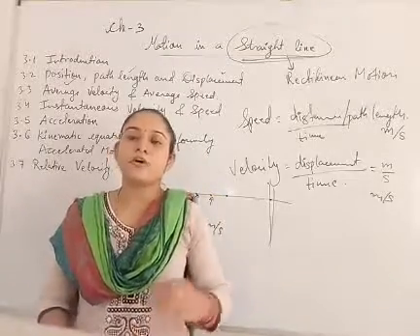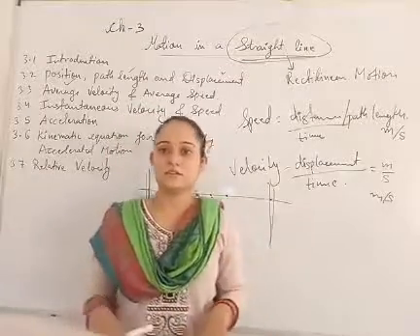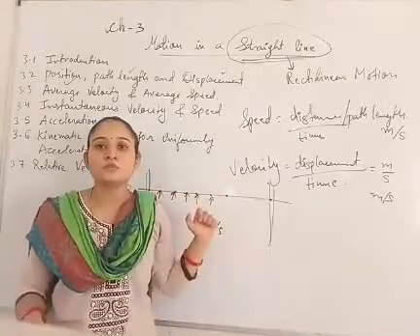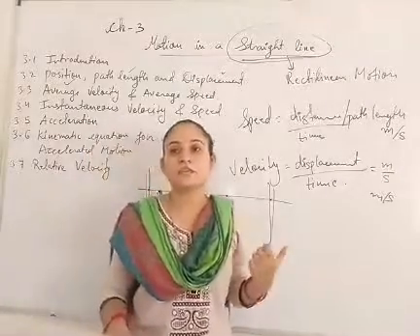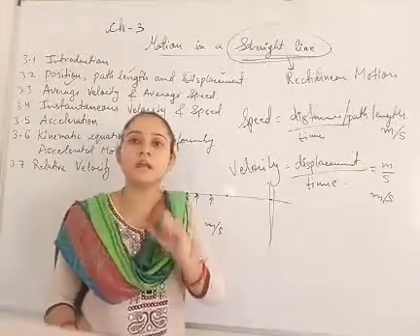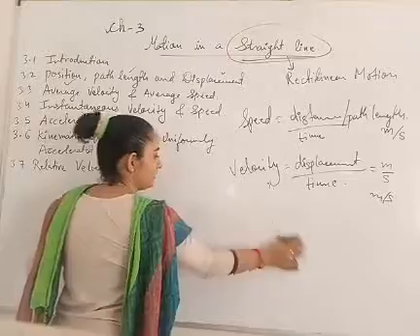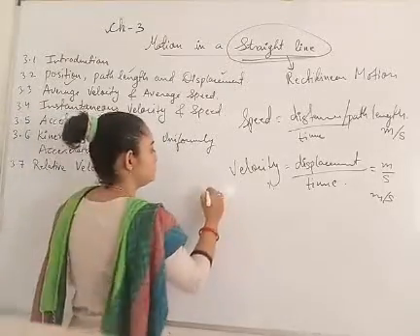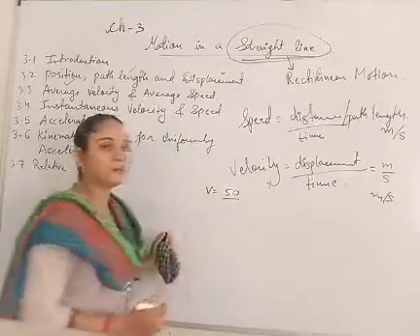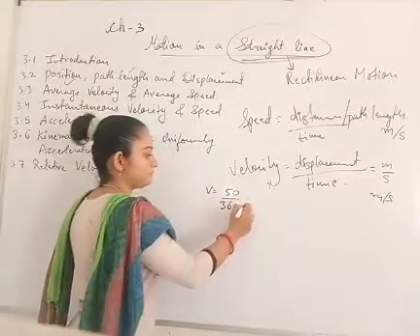For this you must understand one simple example. If we are traveling from Adipur to Bhuj, we are the object, right? The distance is 50 kilometers. We travel 50 kilometers in 1 hour. So velocity equals displacement, 50 kilometers, in how much time? 1 hour, which is 3600 seconds.